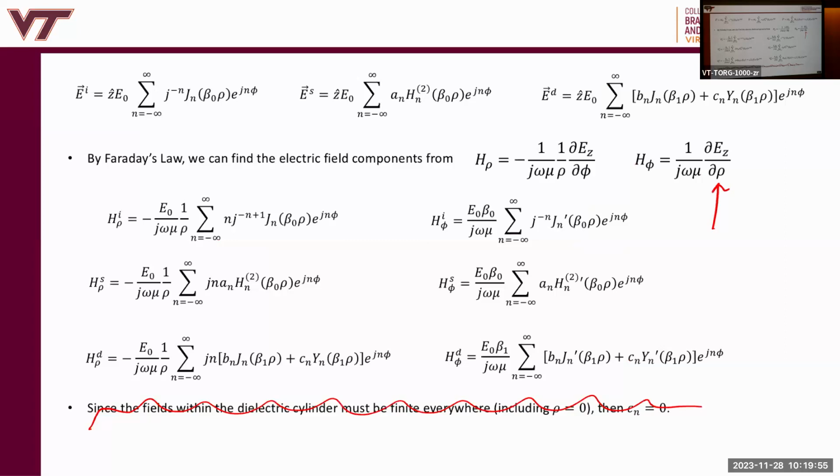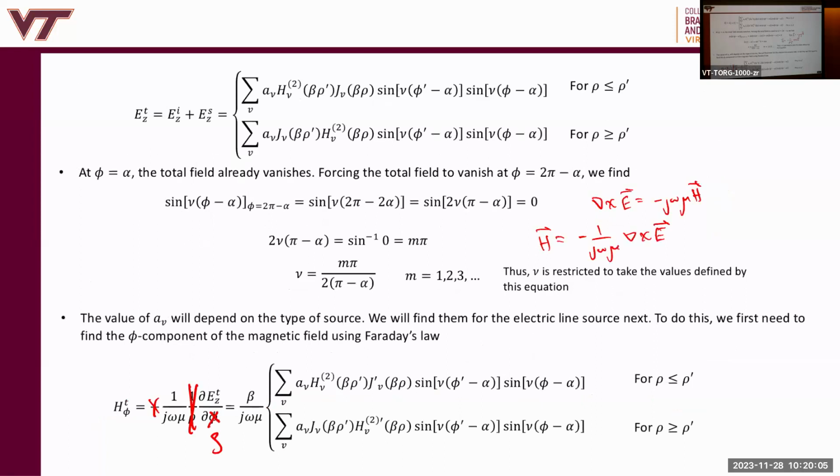So it's 1 over j omega mu partial Ez partial rho, right? So yeah, we definitely have a mistake there. It is, yeah, 1 over j omega mu partial Ez partial rho. That's correct. Yeah. All right, good. All right, so yeah, you differentiate with respect to rho, you pick up these little primes here, right? All right.